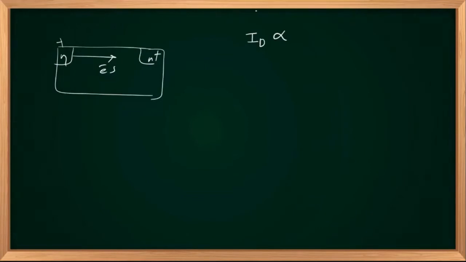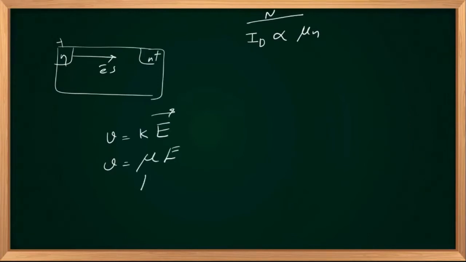So drain current in the case of N-channel device is proportional to the mobility of an electron. That is because the velocity of an electron is related by a constant to the electric field, and that constant is called mobility, or mu. So as mu increases, velocity also increases, and we'll have more current. So ID is proportional to mobility.